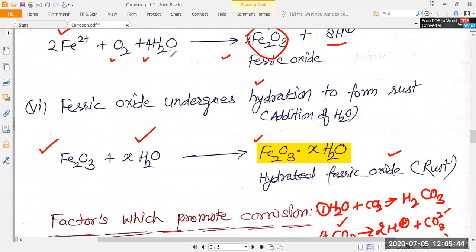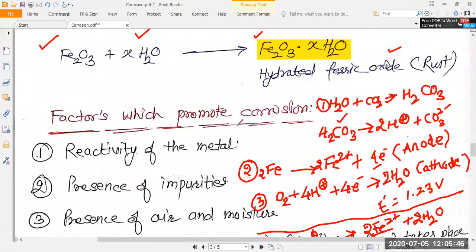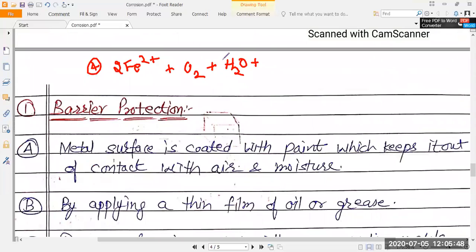These reactions we are going to write. This is the 4H+, and finally forms Fe2O3. This is the iron oxide.